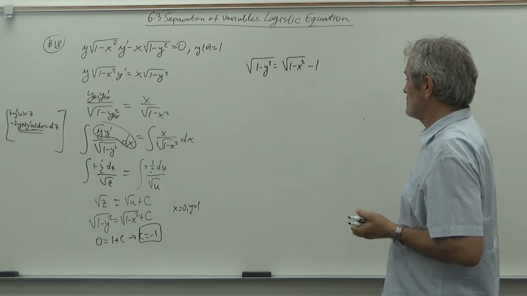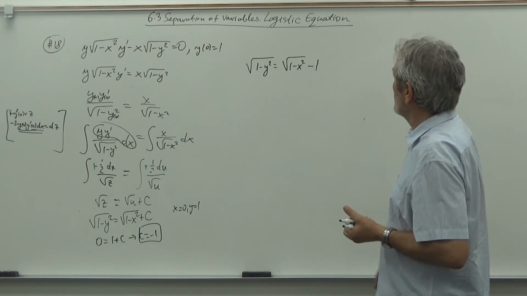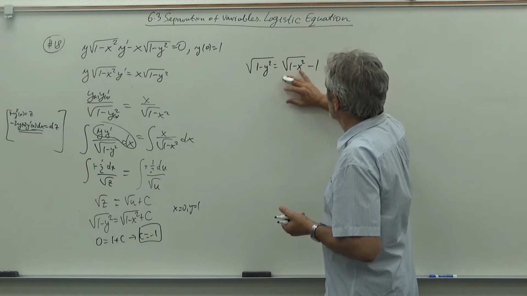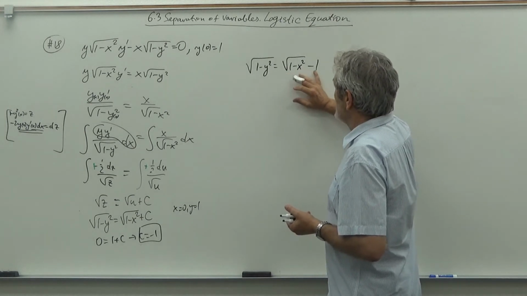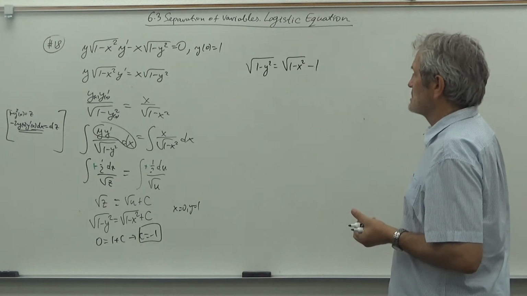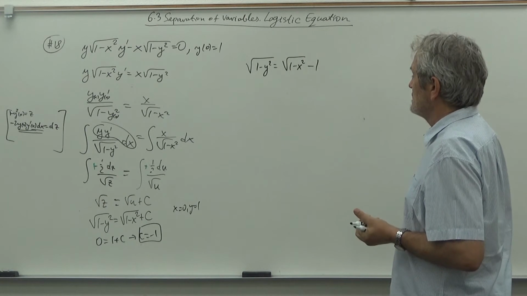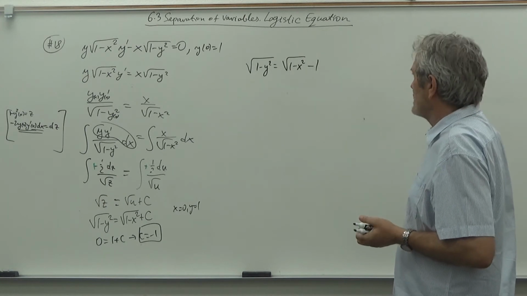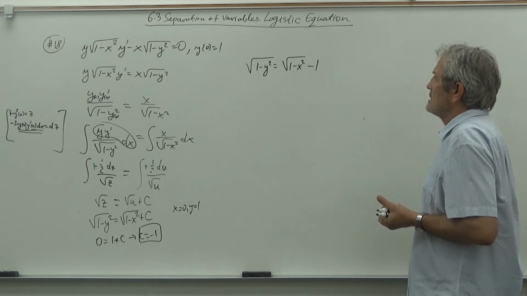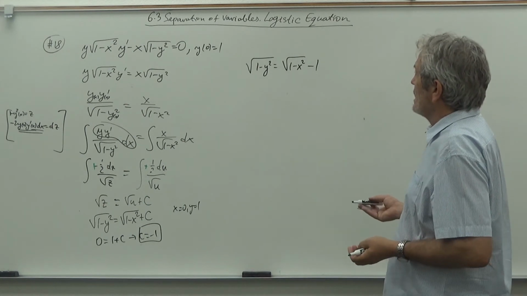Really, when I plug in x to be 0, y of 0, that's not really right. See, when I plug in 0, no, it is, because 1 minus 0 is 1, minus 1 is 0, so the square root of 1 minus y squared equals 0, so y is plus or minus 1. So generally, this guy will satisfy the equation.